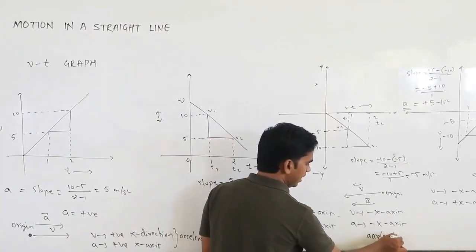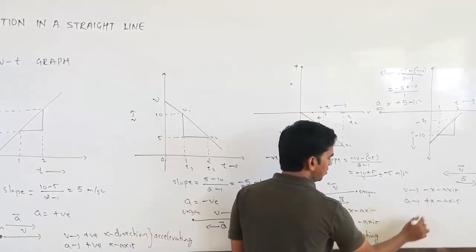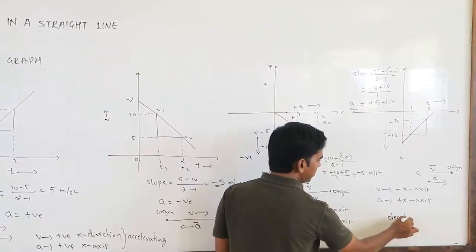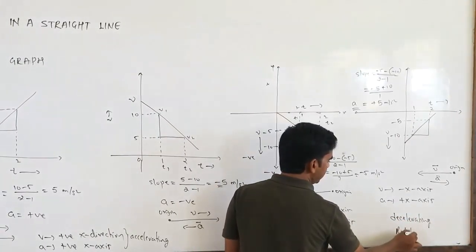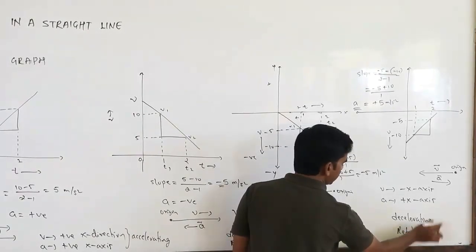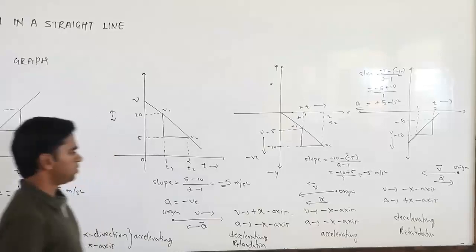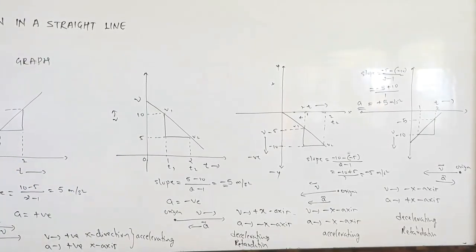Similarly here, opposite sign means it is deaccelerating, or you can say it is retardation. Okay. So these are a few very important things from the VT graph.